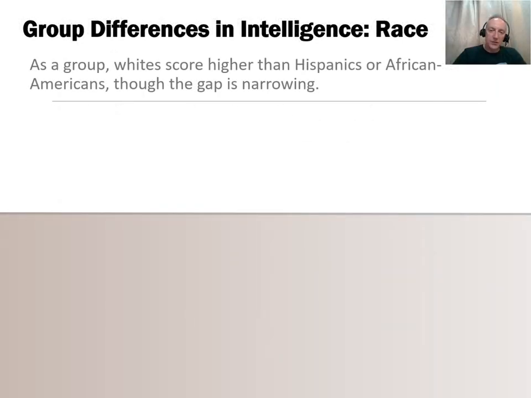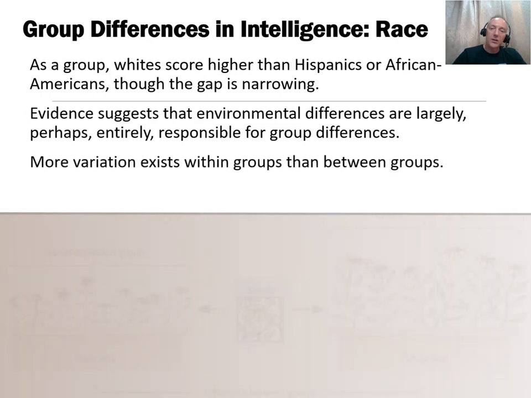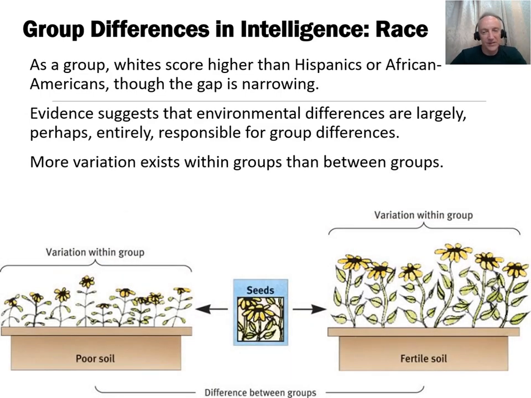Even bigger controversy: are there racial differences in intelligence? In the late 80s, early 90s, there was a book that came out called The Bell Curve that was very controversial, which presented statistics which suggested things like Hispanics are smarter than African Americans, Caucasians are smarter than Hispanics, Asians are smarter than Caucasians.